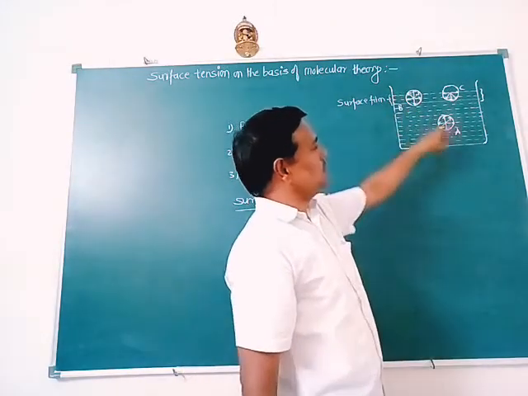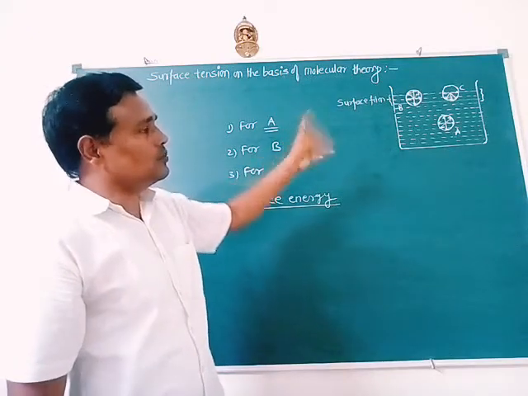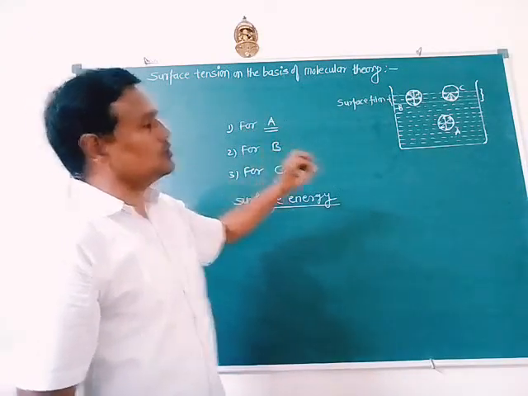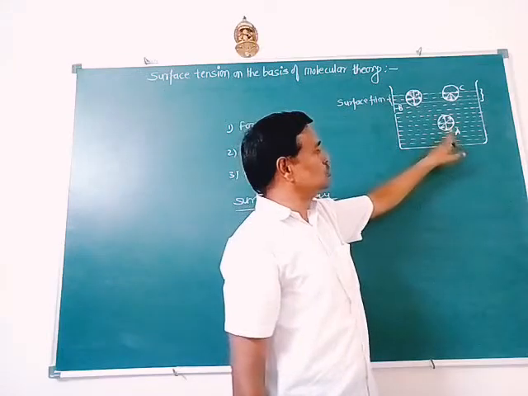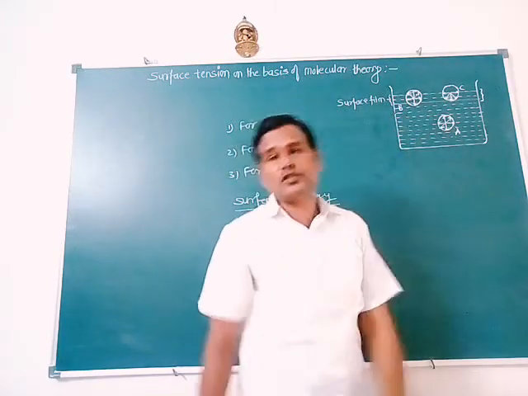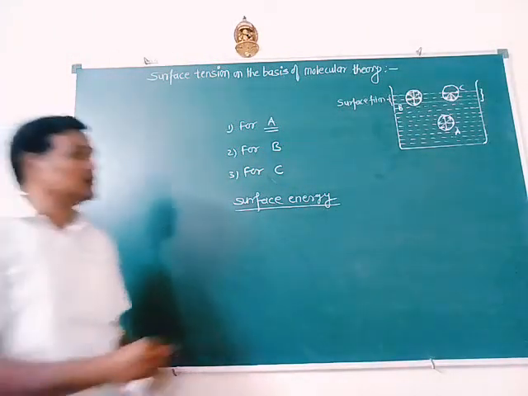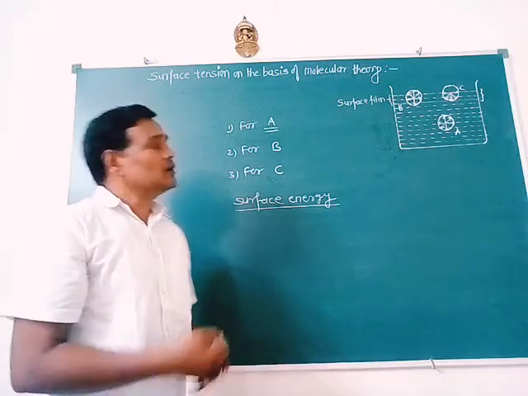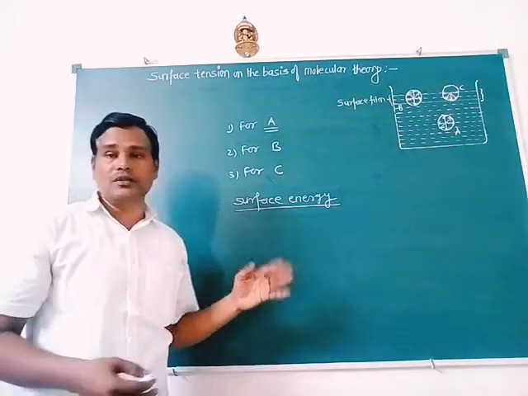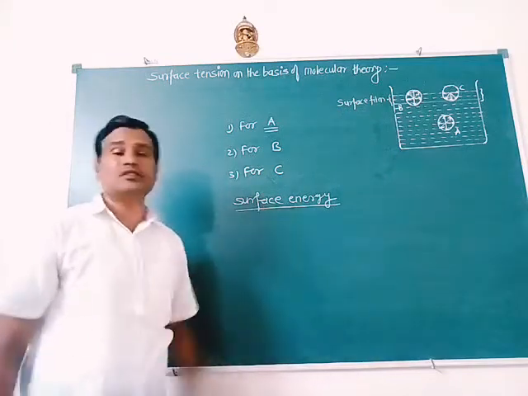We have to explain the condition, position, and the force acting on each molecule at their respective position: molecule A well inside the liquid, molecule B just below the surface, molecule C on the surface. So this is surface tension on the basis of molecular theory. In the next lecture we will define surface tension, and we will find the relation between surface tension and surface energy.